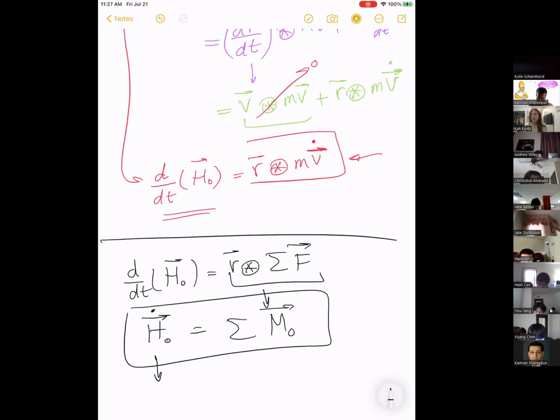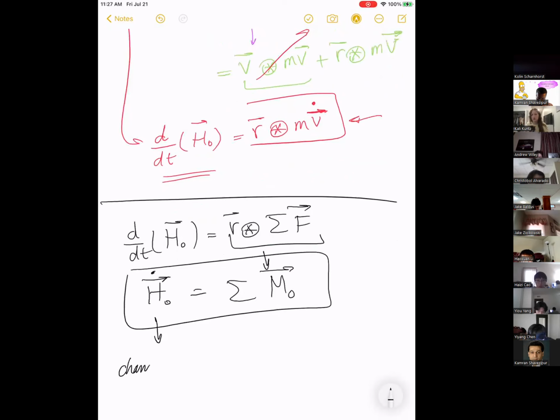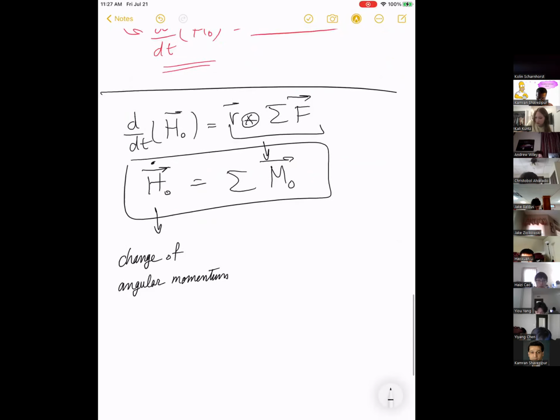So the change of angular momentum, of course, it's the rate of change, right? Because there's a dot here, is equal to the sum of moments applied, right? It's almost like summation of F equals m v dot.